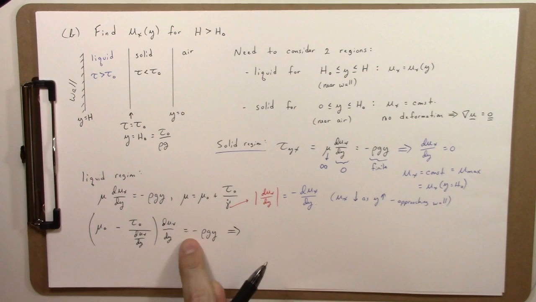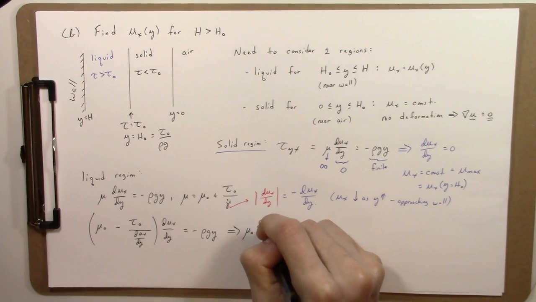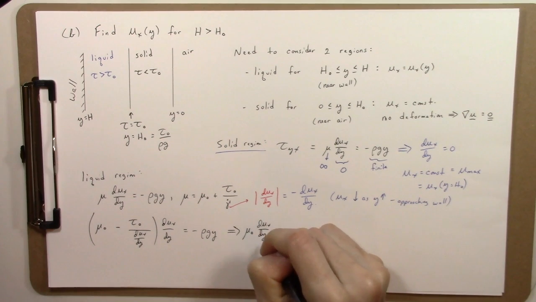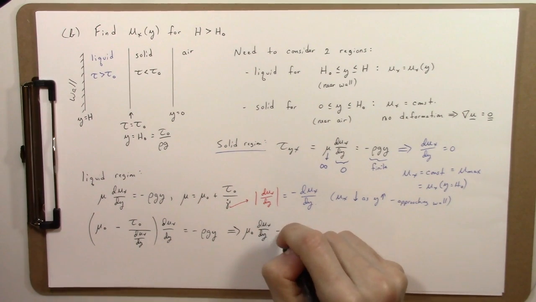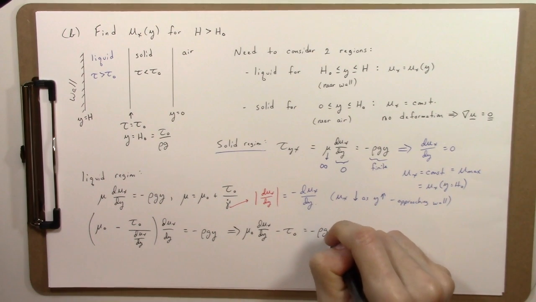So we can multiply through on the left-hand side. We get mu naught dux dy minus tau naught is equal to minus rho g y.